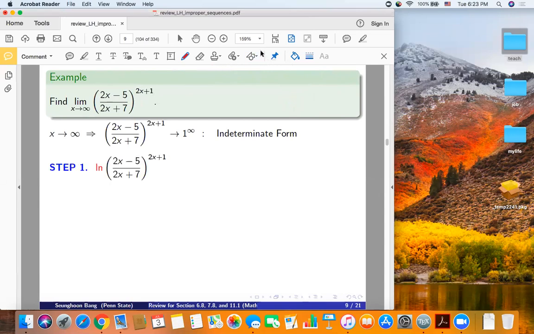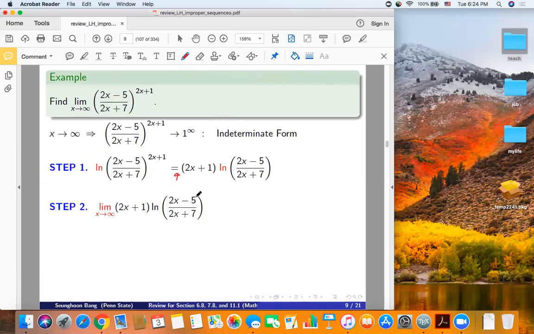So what's step 1? Take ln. The 2x plus 1 power comes down, like this. Step 2, take the limit. Take the limit over here. You can change the fraction: the limit of the ln function over 1 over 2x plus 1, moving the exponent to the denominator using the reciprocal.